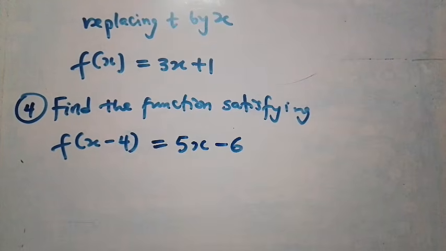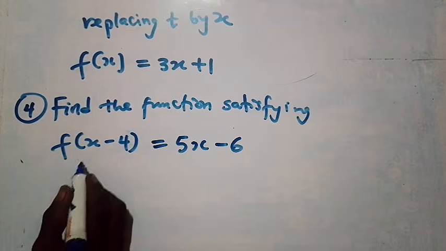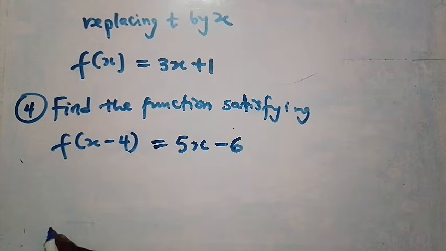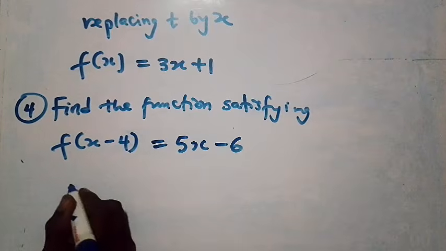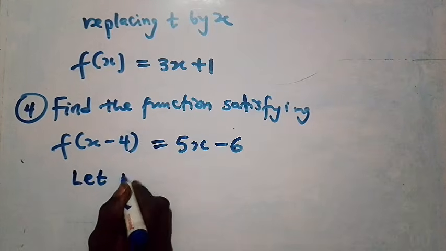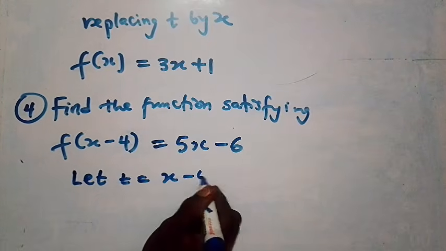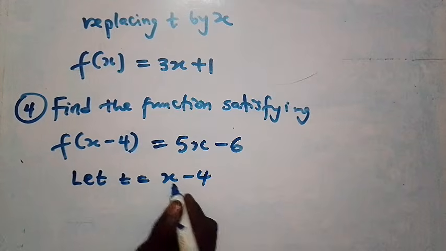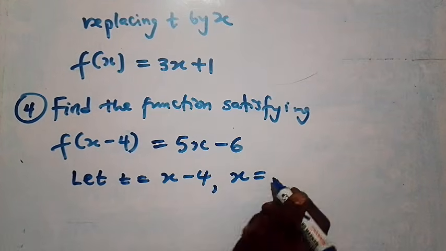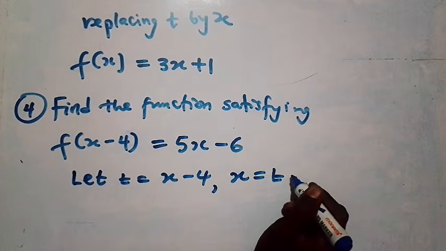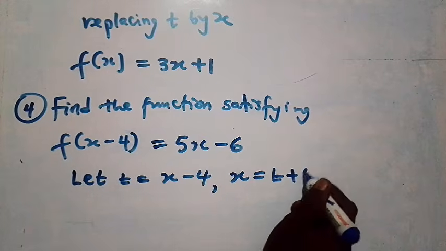You know how to solve this? According to the previous examples, just replace this by t. You can just say let t equals x minus 4. Making x the subject, x will be equal to t plus 4.